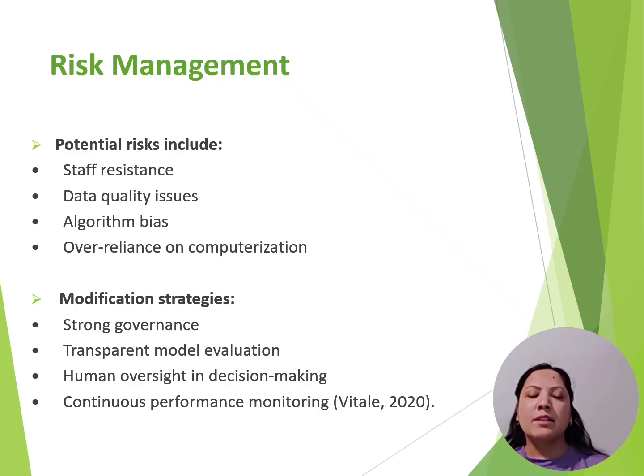Algorithm bias and over-reliance on computerization make the human mind slower, since they depend on machine learning a lot and do not use their mind capacity.